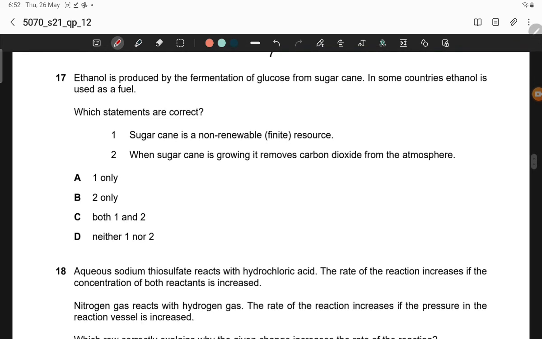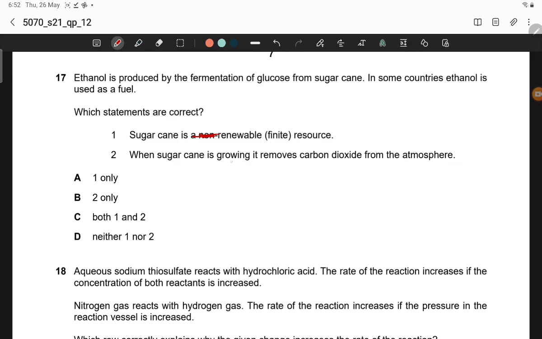Ethanol is produced by the fermentation of glucose from sugarcane. In some countries, ethanol is used as a fuel. Which statements are correct? Sugarcane is non-renewable source. So this is incorrect. Sugarcane is renewable source. When sugarcane is growing, it removes carbon dioxide from the atmosphere.